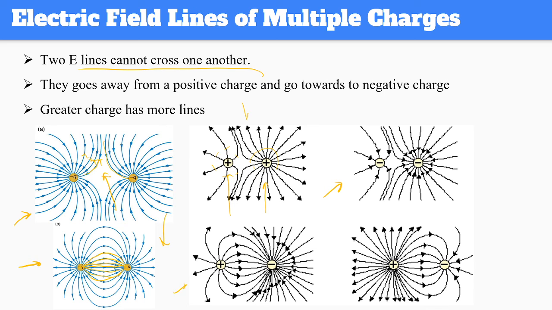In the third picture, again, the first charge has fewer lines than the second charge. And in the last picture, the first charge has more lines, so it is greater in charge magnitude. But the electric field lines are distributed with basically the same idea as when they have the same amount of charge.